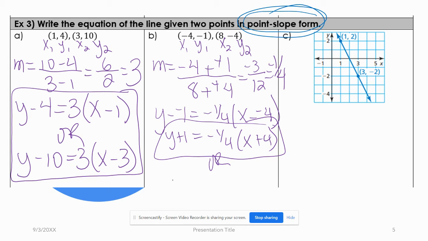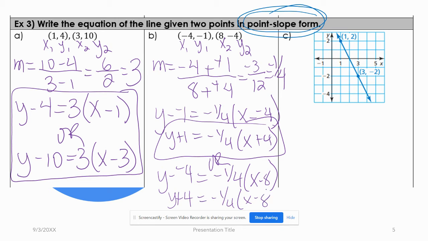Or we can use the second set, y minus -4 is equal to -1/4 times x minus 8. Again, cleaning up that minus -4 to be add the opposite of y plus 4. And the x minus 8 stays there because there's only one minus sign. And so either of those would be acceptable.